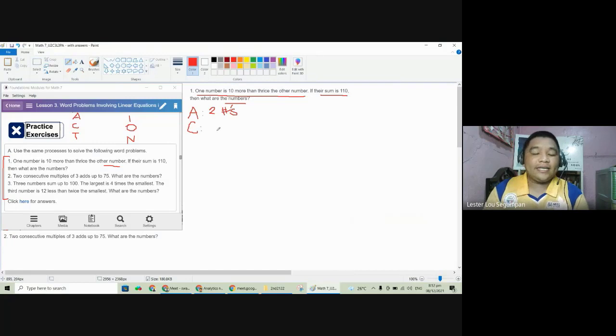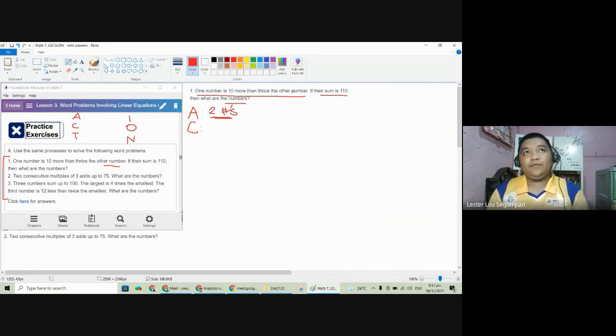Letter C means conceding, or in other words, we're going to give representations in symbolic form to those two numbers given. We are given here that one number is 10 more than twice the other number. It's very clear that one of the two numbers is smaller than the other. When you talk about the smaller number, that is where we're going to give the simplest form of representation.